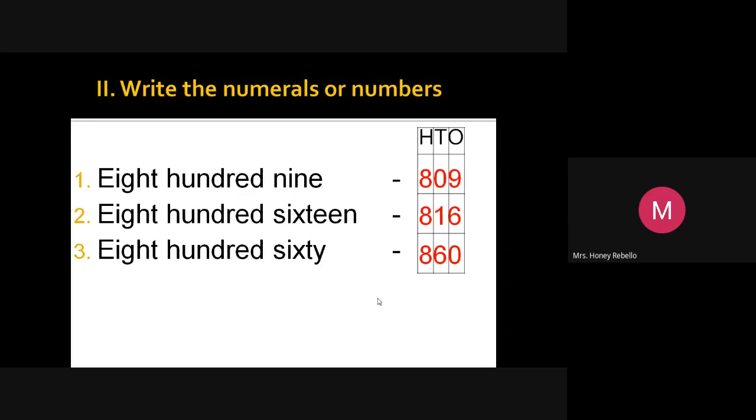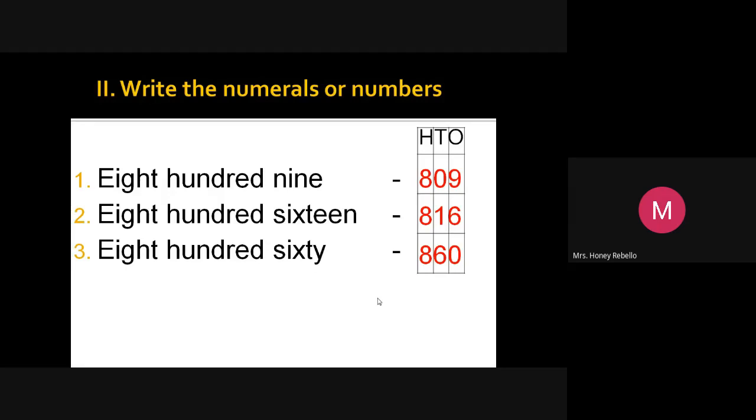If you write 60 for the previous one, that will be wrong. So 16, you must know the spelling clearly. Now check all the numbers from first. 809, 816, 860.